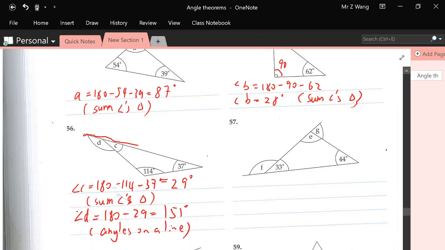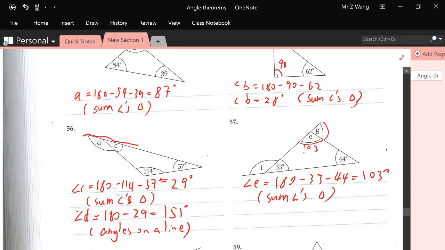Right, a lot of these questions can be figured out this way, right? First, we focus on the triangle, right? We can figure out angle E. Right, angle E is 180 minus 33 minus 44, which is 103. Now, sum of angles in a triangle. And then we can figure out angle G, right?